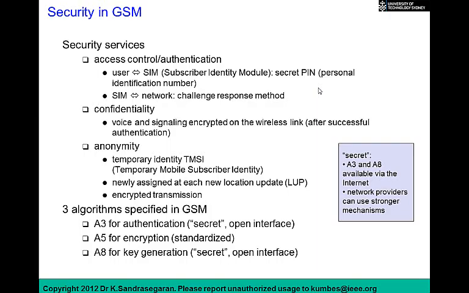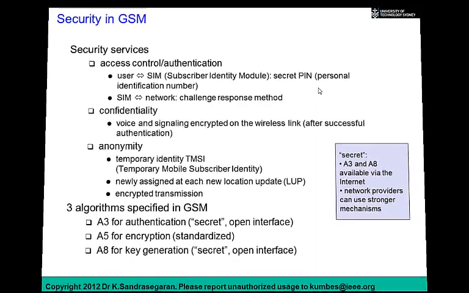And you have the A5 algorithm, which is used for encryption. Again, encryption is performed between the mobile equipment and the base station. And we have the A8 algorithm, which is used for generation of keys that are used for authentication and encryption.